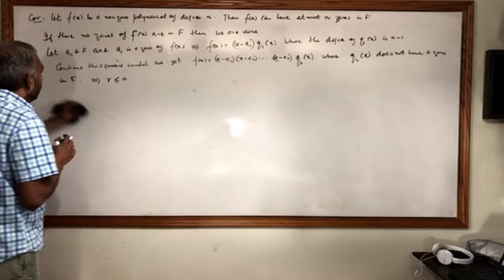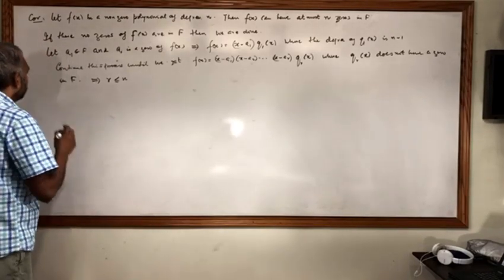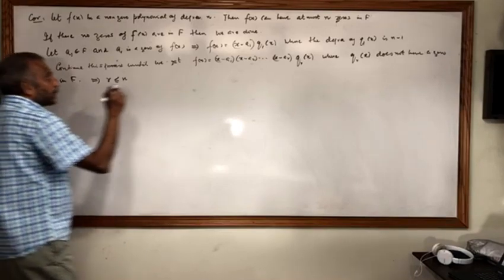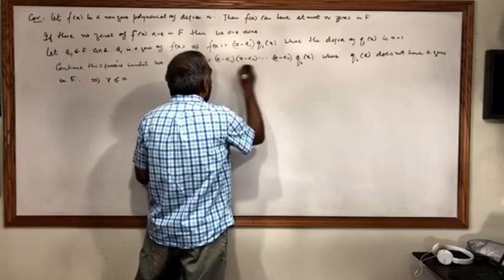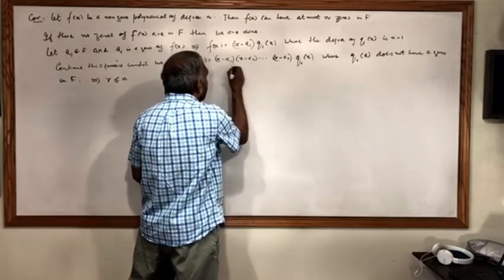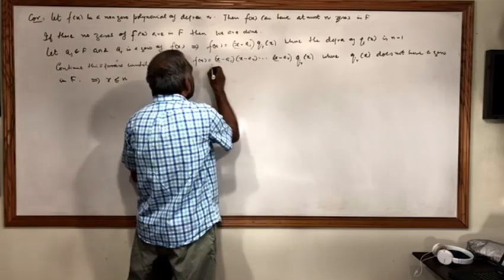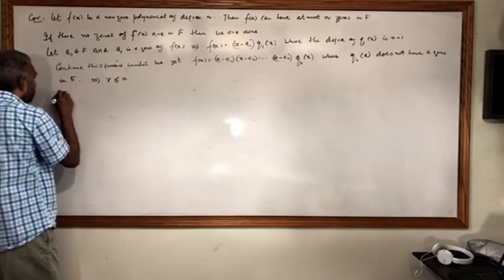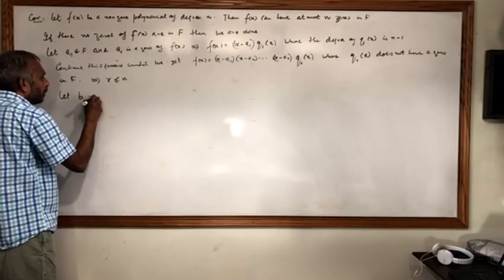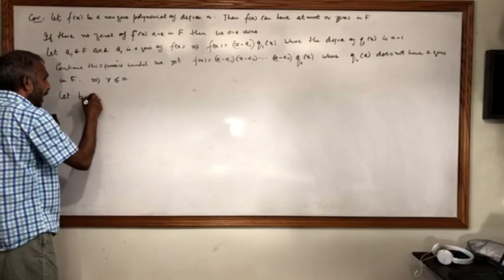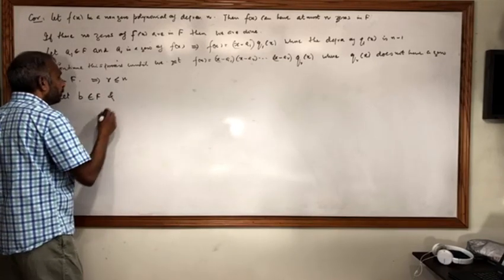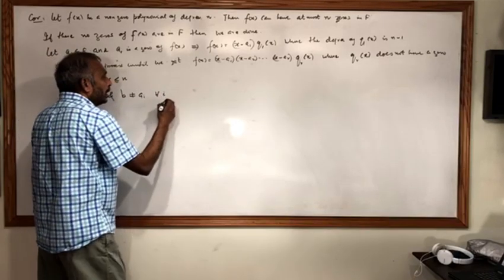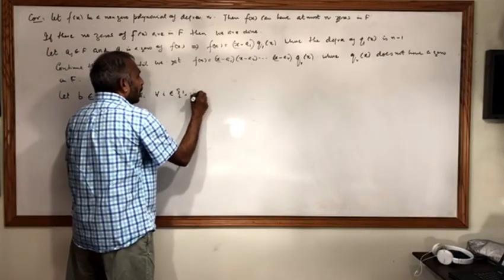Now the question is, if we express it like this, can we have another b, different from any of these, that could be a zero of this? So let b belong to F, and b is different from ai for all i from 1 to r.